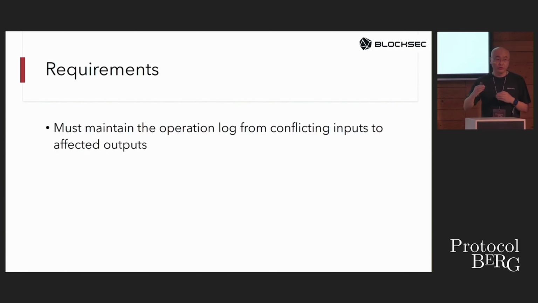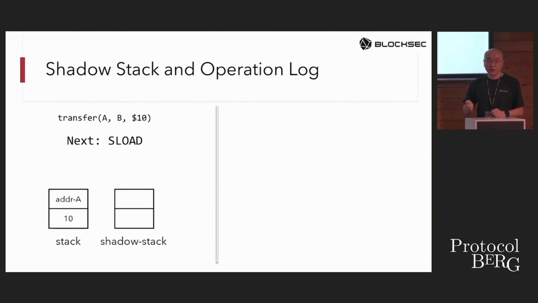In order to redo part of the transaction, that is, to redo the operations of the transaction, we need to maintain extra information when executing the transactions. We must maintain the operation log from conflicting inputs to the affected outputs. Let me use an example here. Suppose we are executing the transfer function inside the transaction.